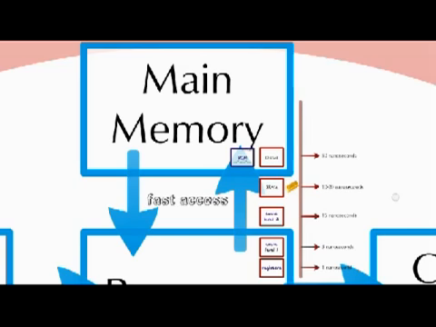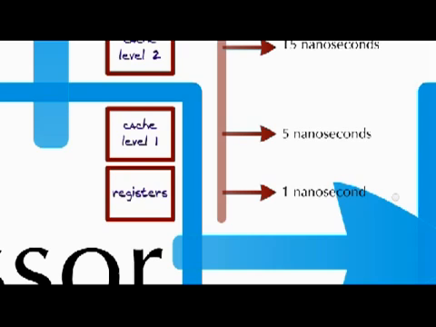So I'll just zoom in a little bit. Now you should know the registers are very small, short-term storage locations, and hold things like data to be processed, addresses to be accessed, instructions to be executed. And because they're on the processor, they're very fast to access. So as you can see, a nanosecond to access the data that's held within registers.